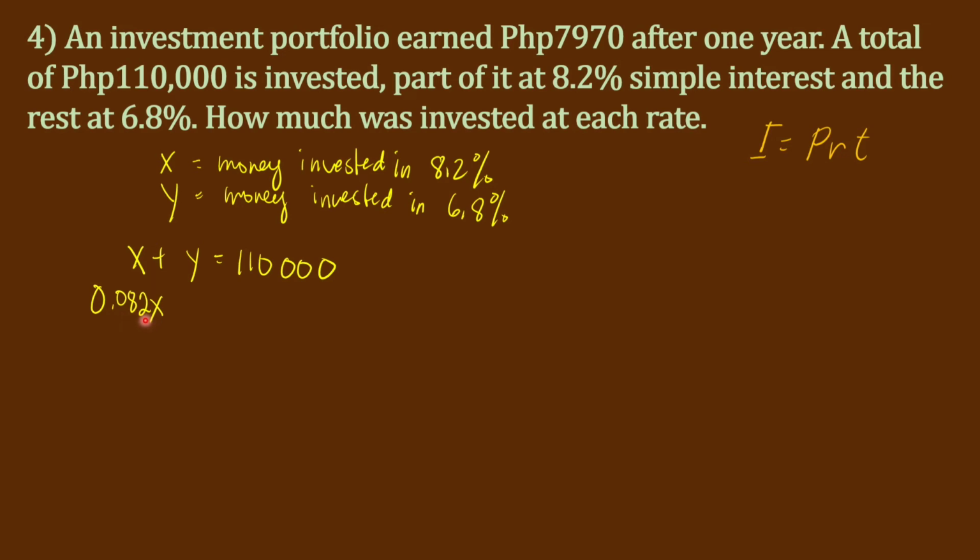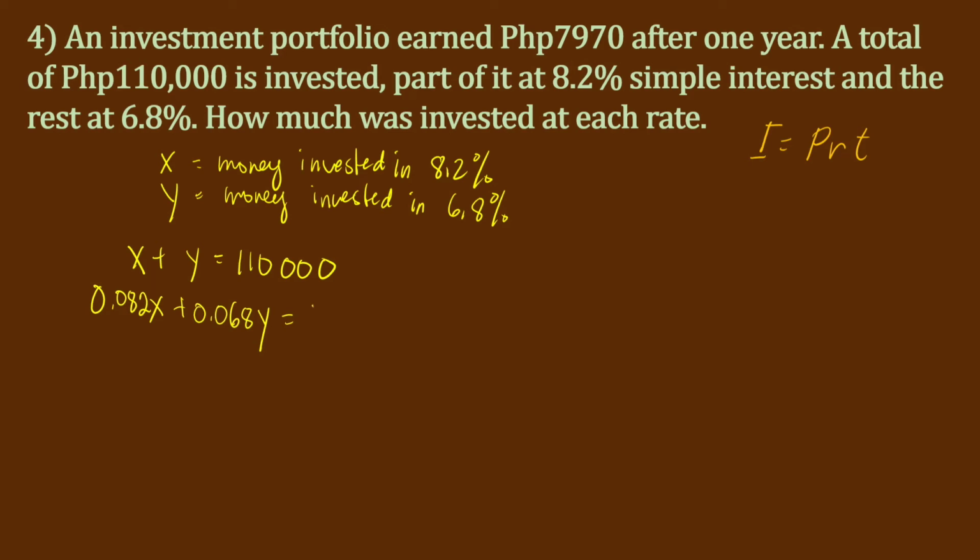Okay? And then, your money invested in 6.8%, which is y, variable, we do not know how much. So, that will earn 0.068y.